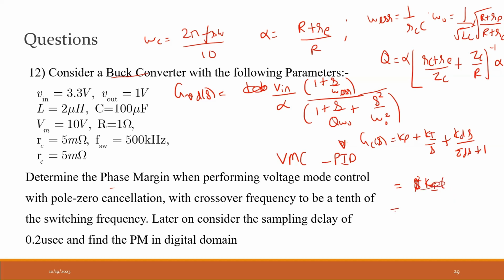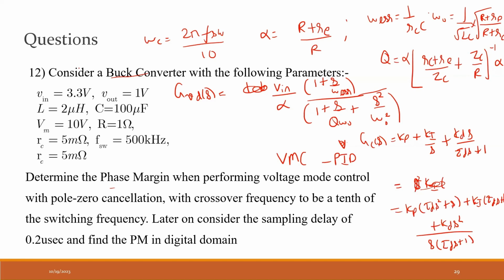Let us see what it comes out with. KP tau ds square plus S plus KI tau ds plus 1 plus KDS square S into tau ds plus 1.